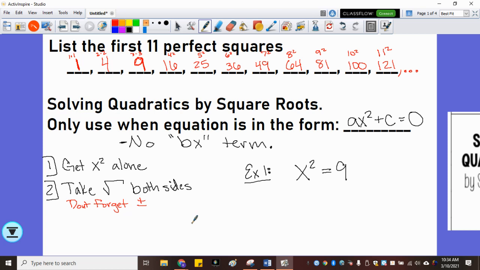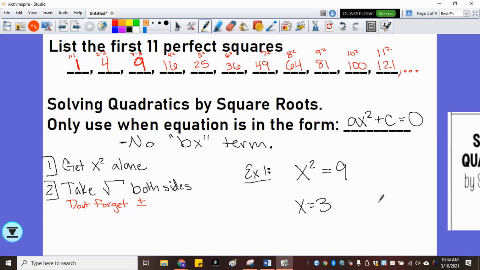So what does x have to equal? Not 9. So whatever number I plug in, I'm going to square it. So 3, right? Because 3 squared is 9. We did that up here. 3 times 3 is 9.